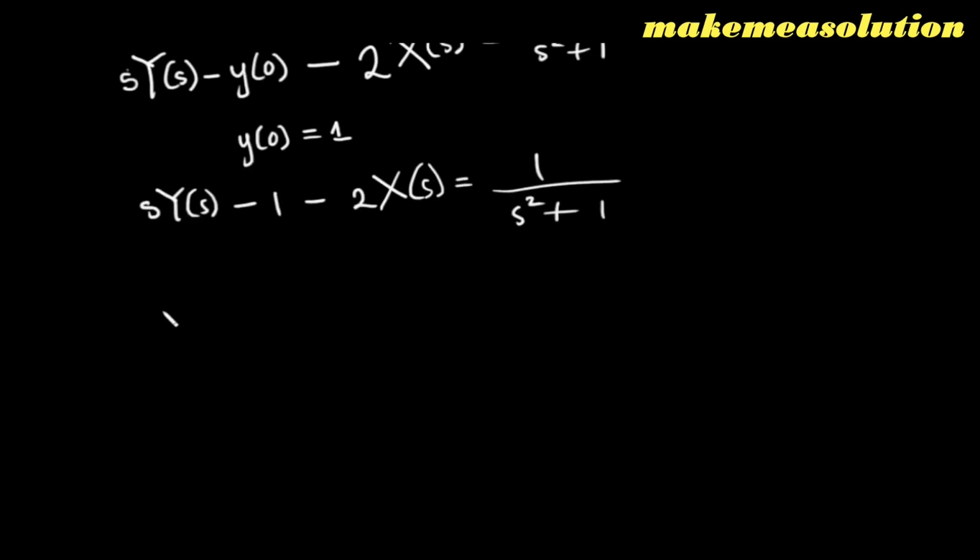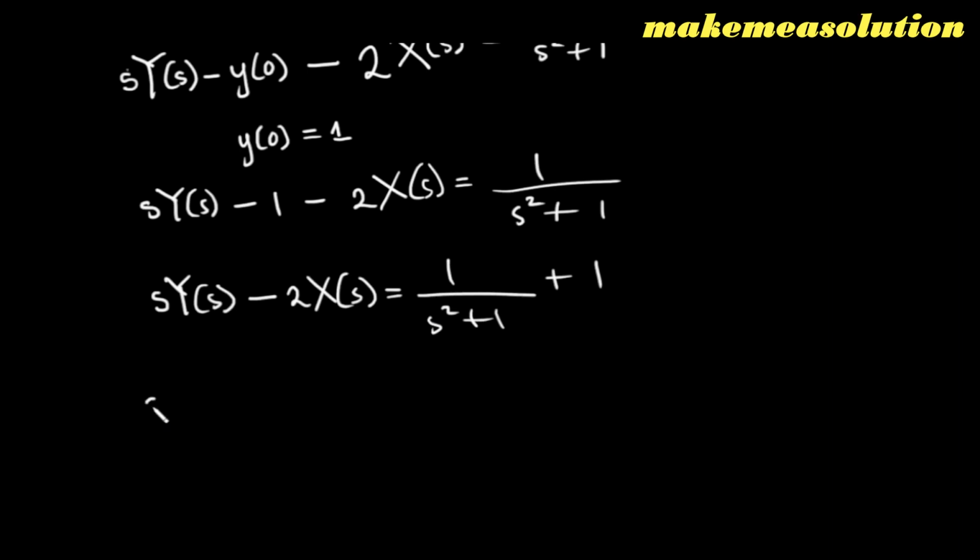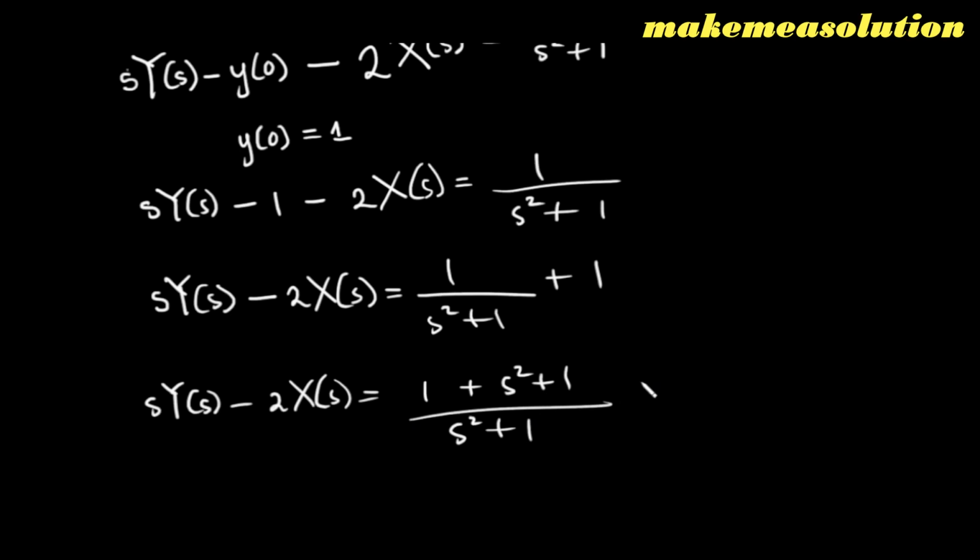So when we keep solving this, guess what we are going to get? Okay, that's right. We're going to get s Y of s minus 2X of s is equal to 1 all over s squared plus 1, plus 1 over here. So s Y of s minus 2X of s is equal to 1 plus s squared plus 1 all over s squared plus 1, and this gives me 2 plus s squared all over s squared plus 1.